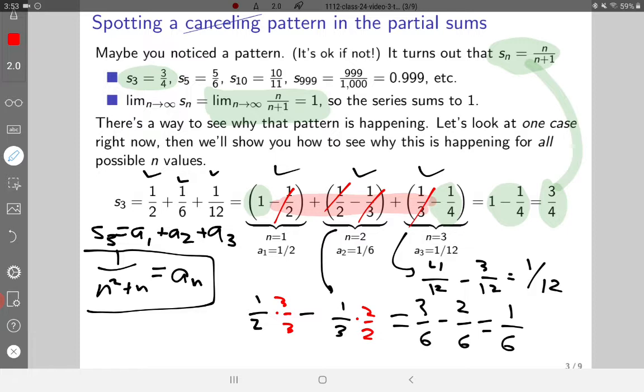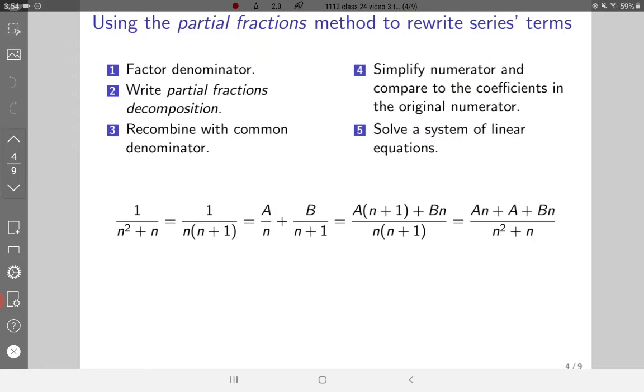Let's see why this pattern happens, not just for the specific number 3, the third partial sum. Let's see why it happens all the time for any possible value of n. So, as it turns out, the crux of this, the key thing that we need to use, is the partial fractions decomposition method. This is something that we talked about when we were learning integration techniques a while back, and we used it to rewrite a rational function as a sum of simpler rational functions, each of which we could integrate.